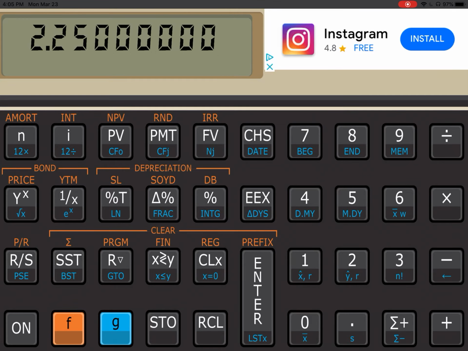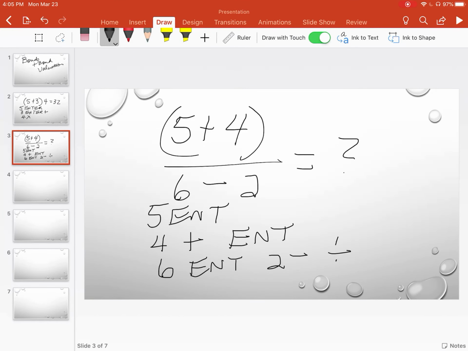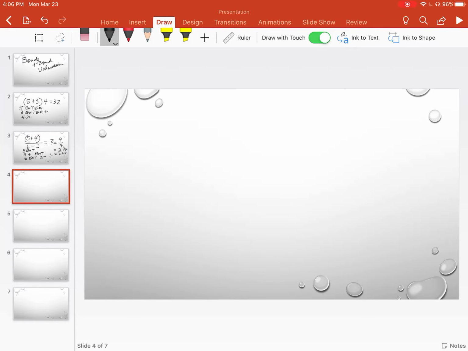When we go back to the calculator, this is actually going to equal 9 divided by 4, and we know that that is equal to 2 and 1/4, or 2.25, which is the answer. You see how that's done? So we'll continue going through some problems now.